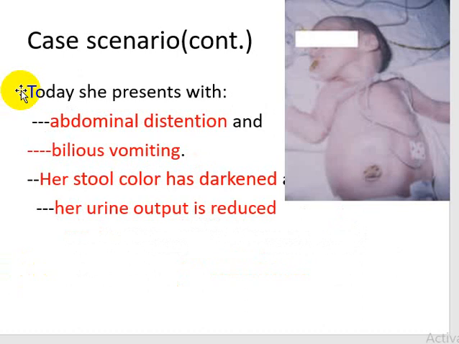This infant is now presented with the clinical features of abdominal distension. She had developed vomiting, bilious vomiting, and passed fresh blood in the stool, and there is a decrease in urine output.